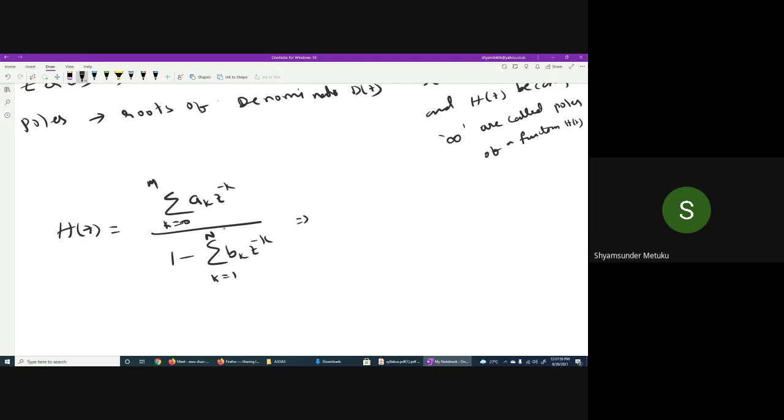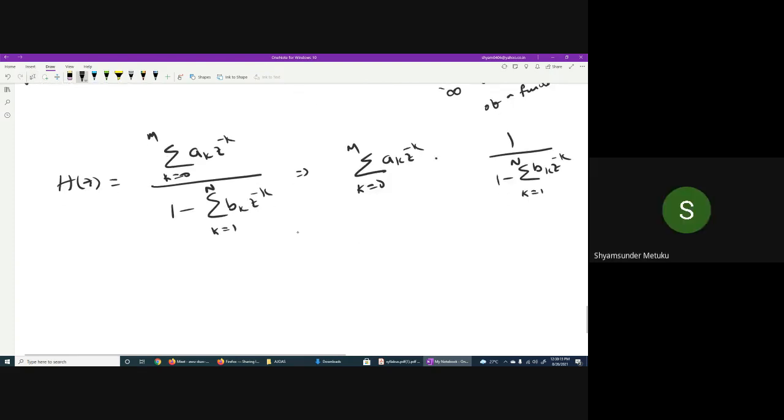I will write it in two formats: summation k equal to 0 to m a_k z to the power minus k, into 1 by 1 minus summation k equal to 1 to n b_k z to the power minus k. Can I write this way? Are those same or different? Same, sir.